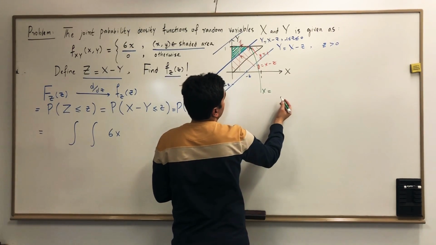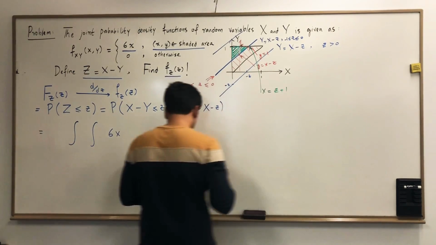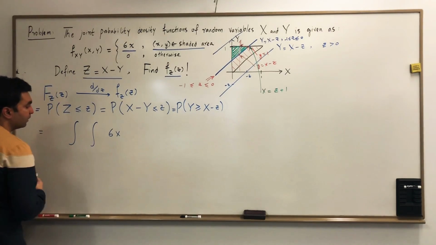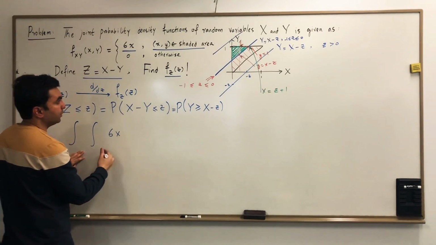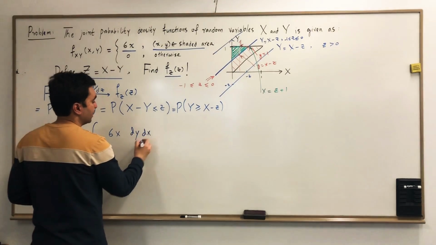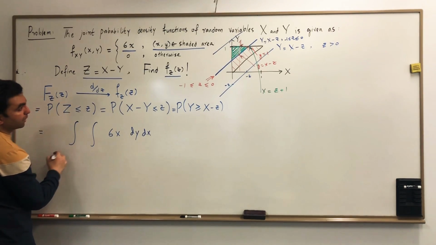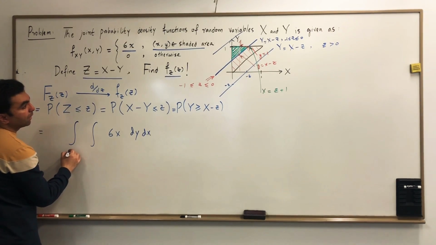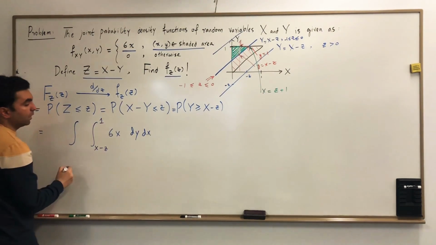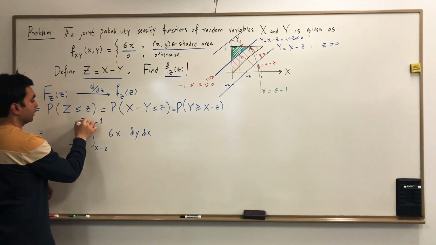So if y is 1, then x is z plus 1. So then the integral turns out to be dy dx, and y was from the line x minus z all the way to 1, and x was from 0 to z plus 1.